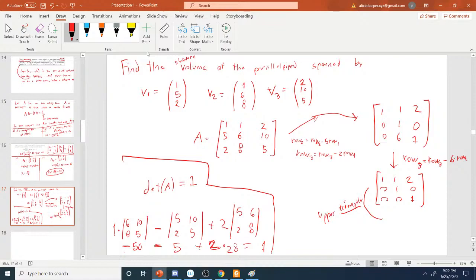Note that I've only applied type 3 row operations, so the determinant of this is going to be the same as the determinant of the original. Because this is upper triangular, I can just read off its determinant by taking the product of the values on the diagonal. So the determinant here is equal to 1. This gives two different computations of the absolute volume of the parallelepiped.